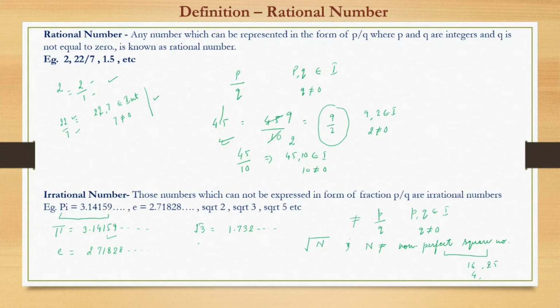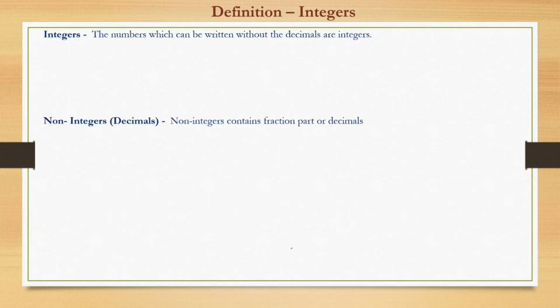Perfect squares are the squares of integers. The numbers which are non-perfect squares have square roots that will always be irrational, because those are typically non-terminating and non-recurring in nature. We will see further into this in the subsequent slides.